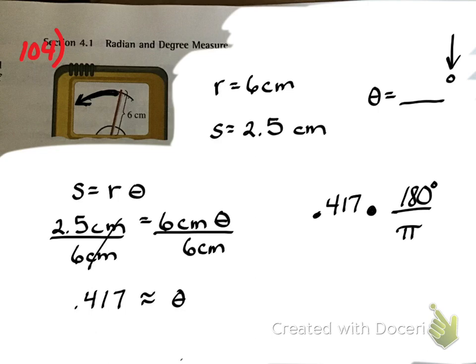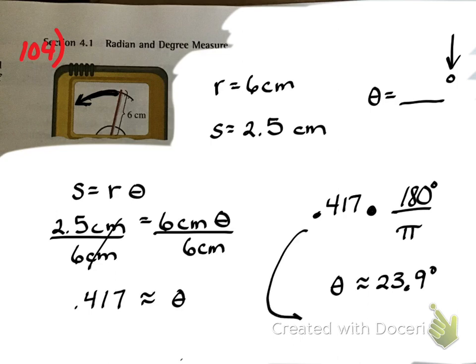Actually, I'm going to use my previous answer without rounding times 180, and then I'll divide that answer by pi, and I get that theta is approximately 23.9 degrees.